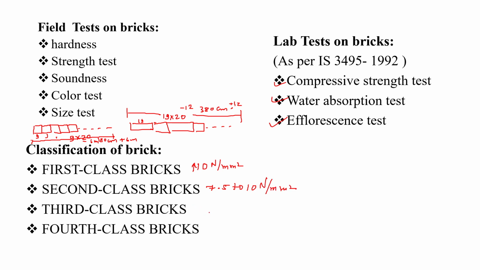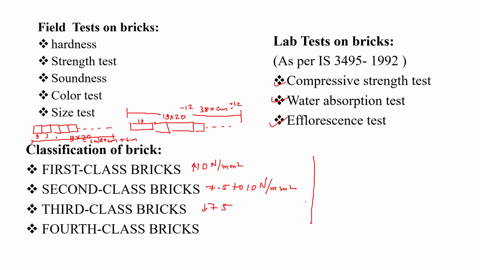And third class brick, below 7.5, we will consider a third class brick. So these are the strengths. And the minimum strength of a brick should be 3.5. So these are the classifications based on strength.